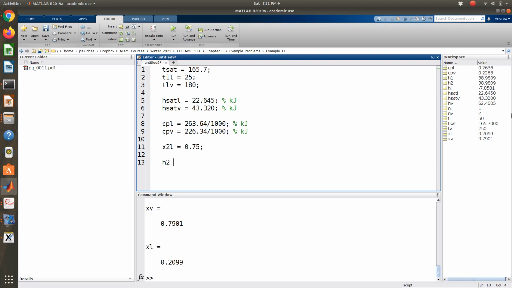So if I calculate H2, H2 is x2L times H sat L plus 1 minus x2L times H sat V. Okay.